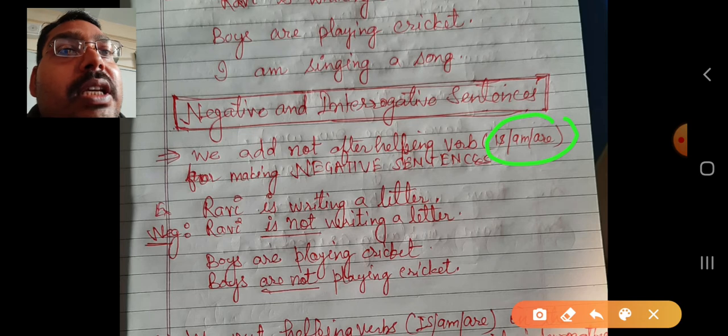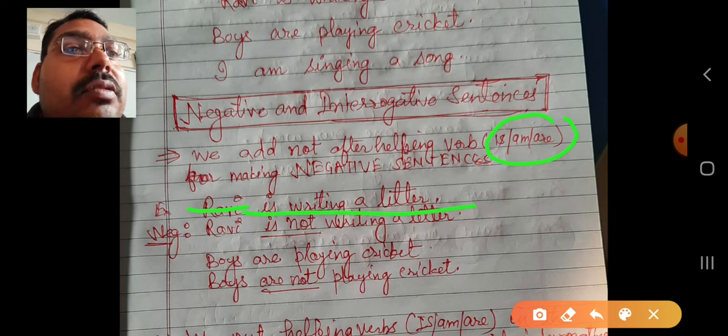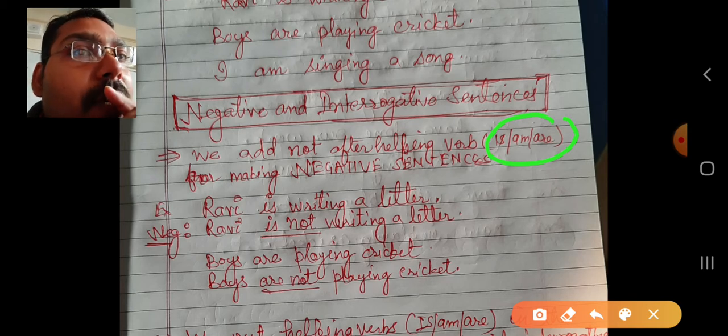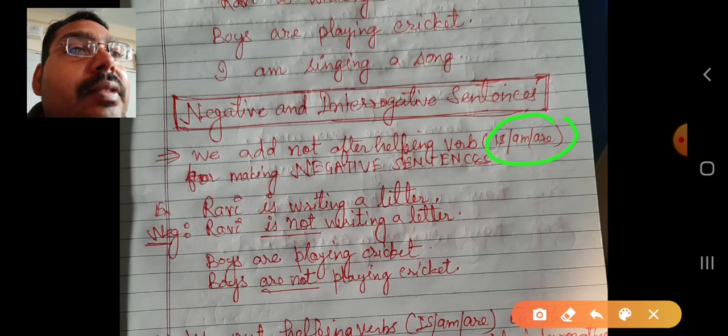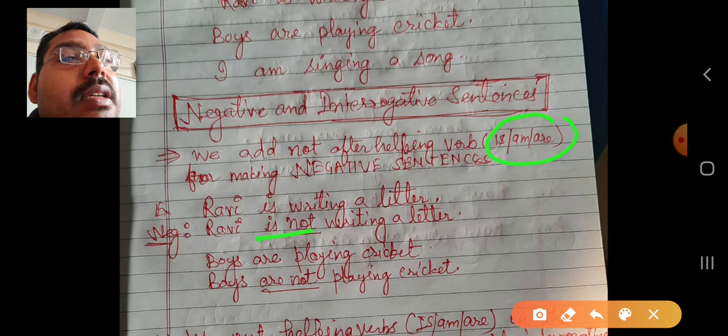For example, if you see the sentence, it is Ravi is writing a letter. You can see this is the sentence. And we need to make it negative. Then what I told you, simply add not right after the helping verb. So Ravi is not. Right after is we add not, and it becomes a negative sentence.